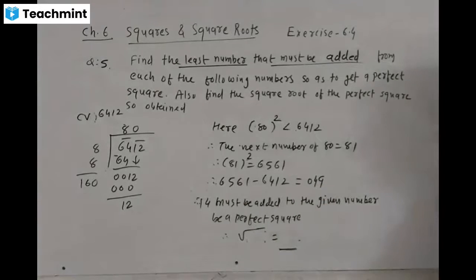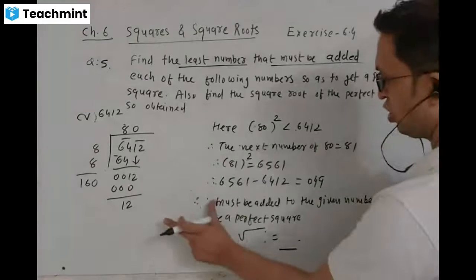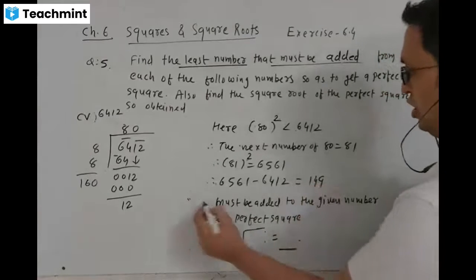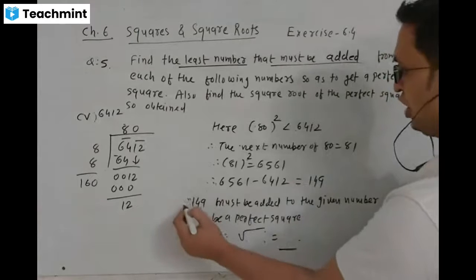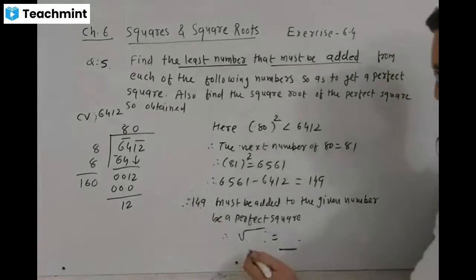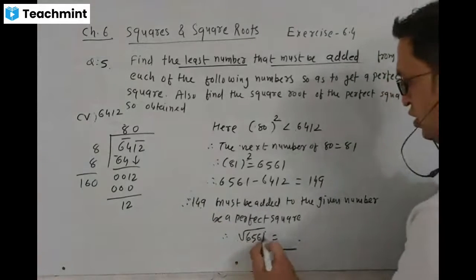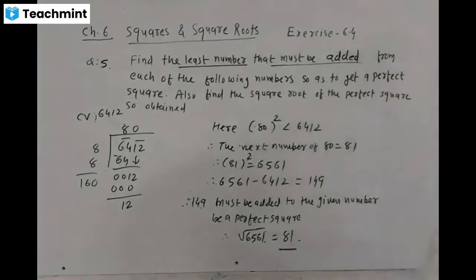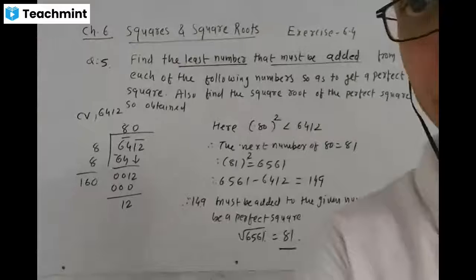So which number must be added? Therefore 149 must be added to get a perfect square, and the square root is equal to 81.